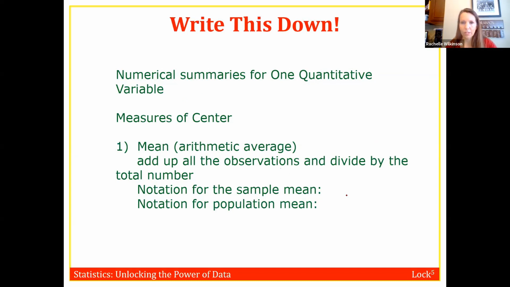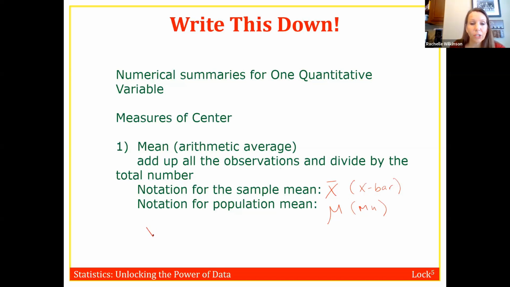All right, so for the sample mean, X bar looks like this. It's an X with a line on the top. And when we pronounce it, we just call it X bar. And for the population mean, it looks like this. We're going to have mu. It's a Greek letter. So it's pronounced mu, like what a cow and a cat would say mixed together, something like that. So it's this Greek letter here.